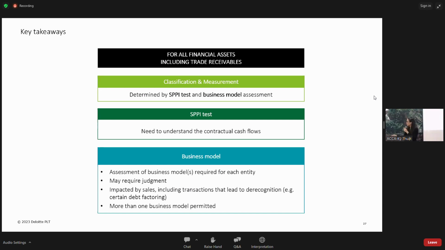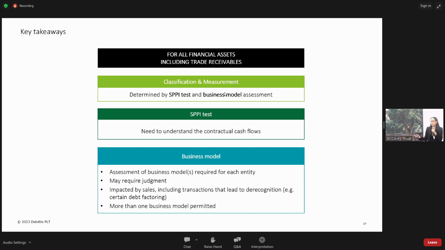Business model is impacted by sales, including transactions that lead to derecognition, for example, debt factoring. So it's not necessarily very straightforward, that I say I sell it, right? I could just enter into a debt factoring or enter into any arrangement that in substance would trigger a derecognition.